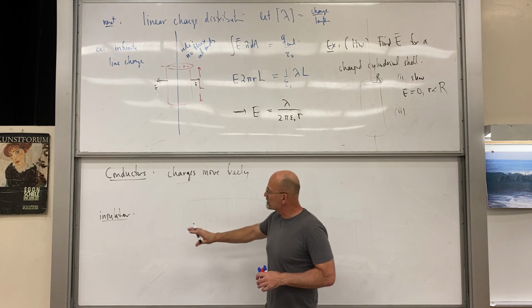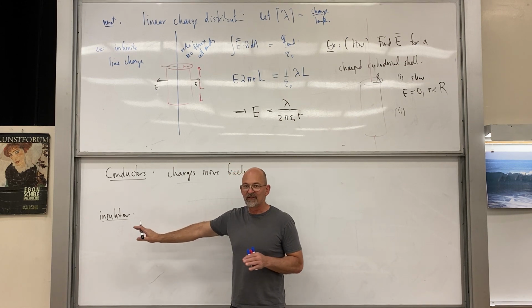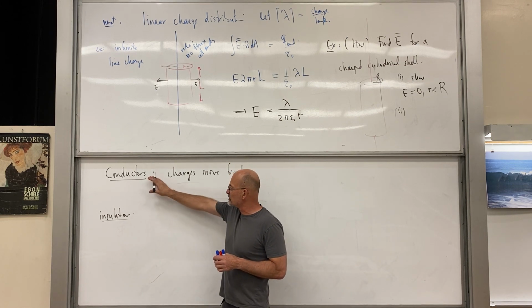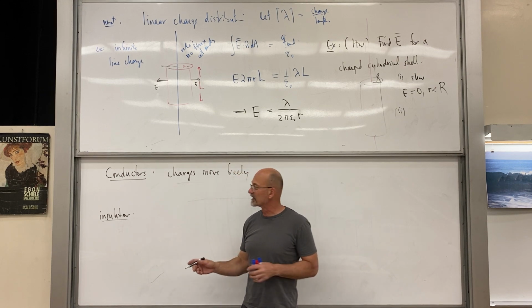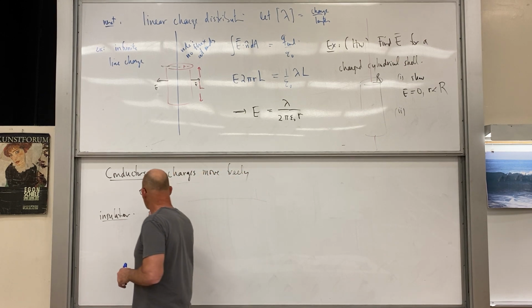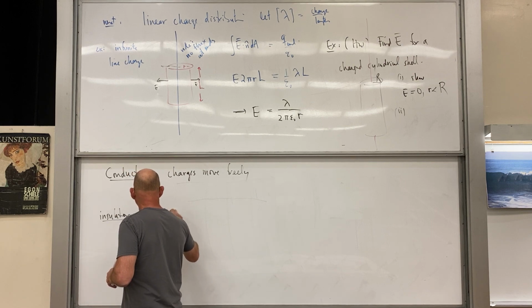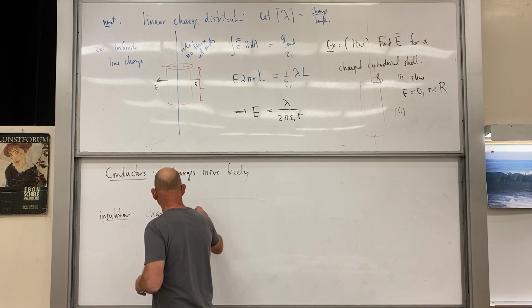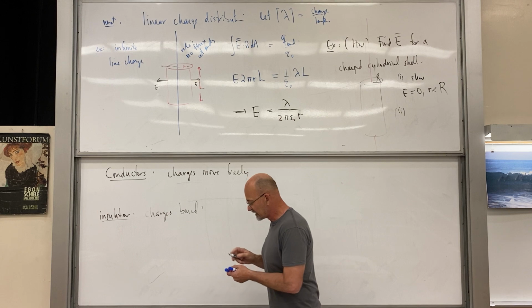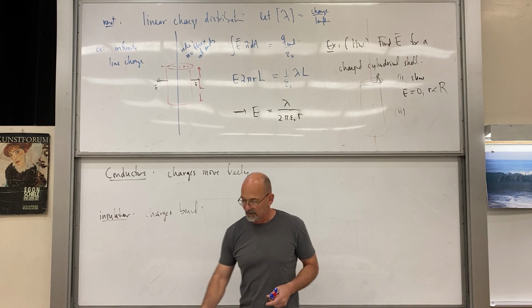If you place charges on an insulator, the idea is they pretty much stay where you put them. If you place charge on a conductor, it can spread around freely. Okay, so charges are bound here. So that leads to different behaviors in terms of fields.